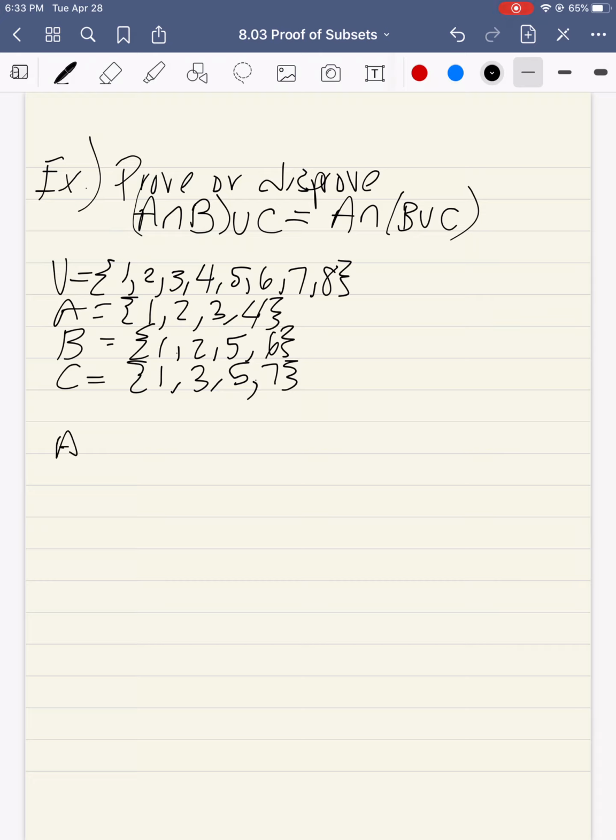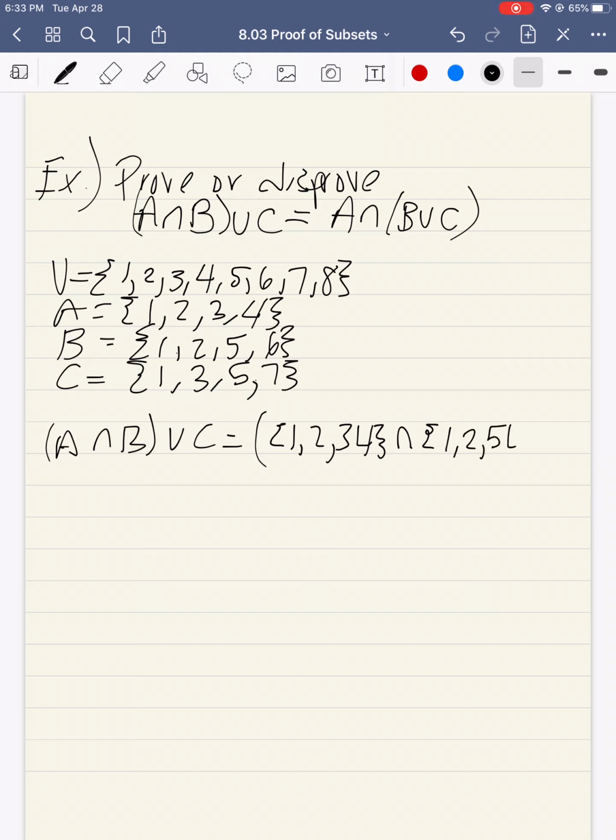So let's do the first one here. So A intersect B, quantity union with C. So we have the intersection of the set containing 1, 2, 3, and 4, intersect with the set containing 1, 2, 5, and 6, union with the set containing 1, 3, 5, and 7.